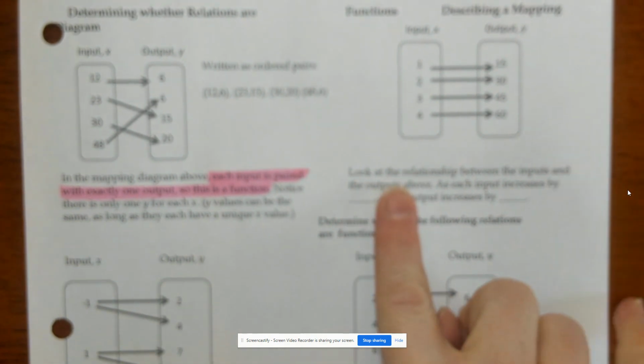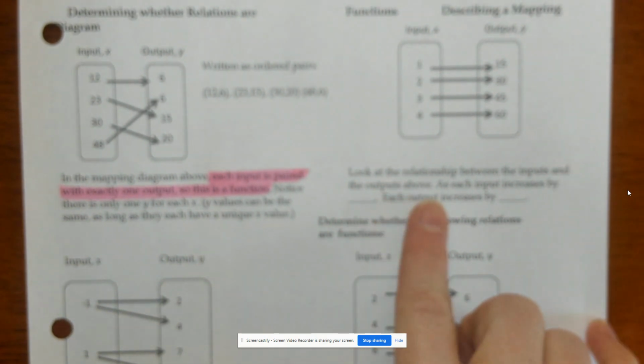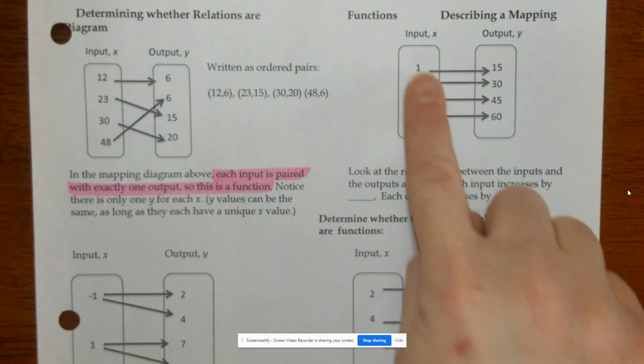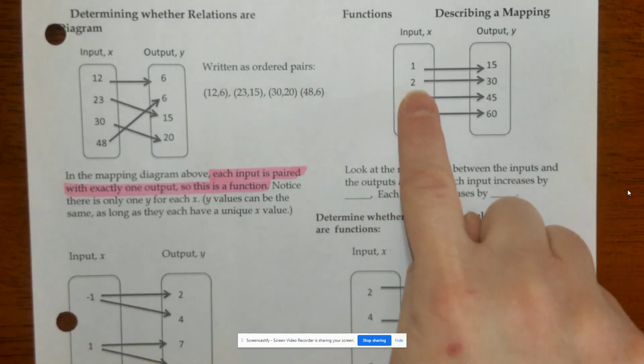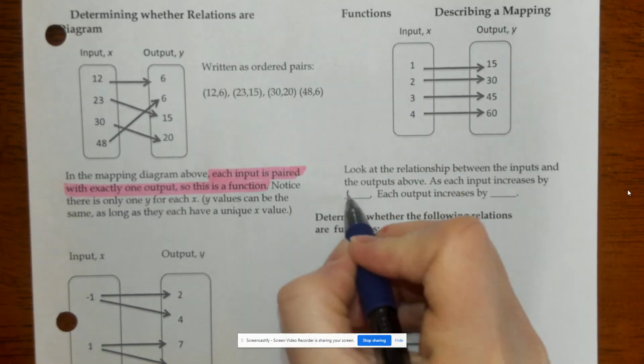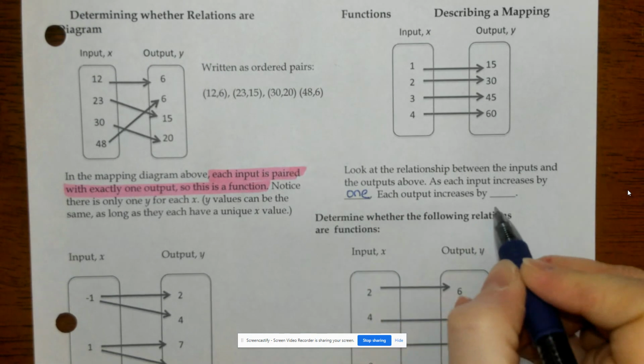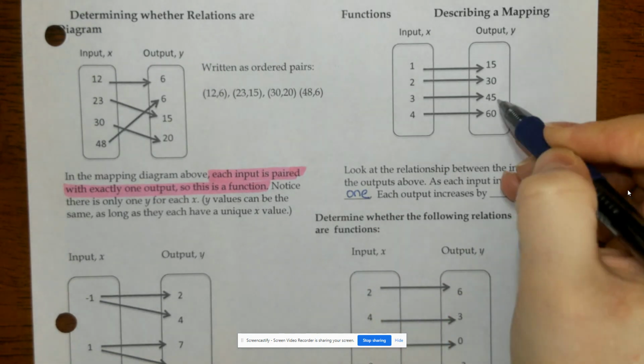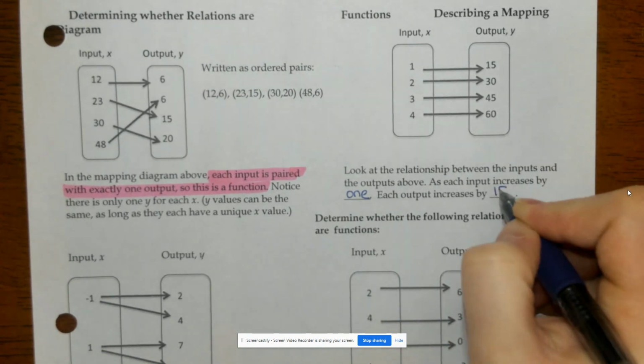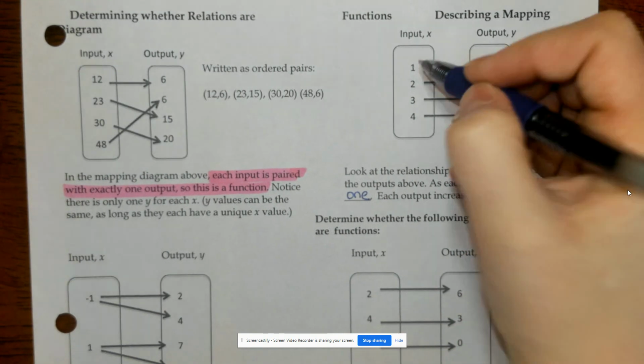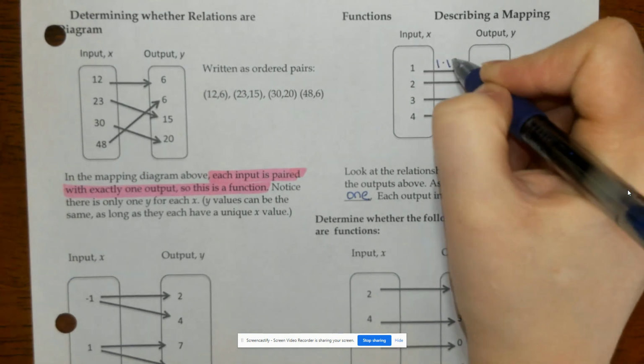Look at the relationship between the inputs and the outputs above. As each input increases by blank, each output increases by blank. So as each input increases by 1, 2, 3, 4, this one's going up by 1. Each output is increasing by 15, 30, 45, 60. The output is increasing by 15. So I can do 1 times 15.